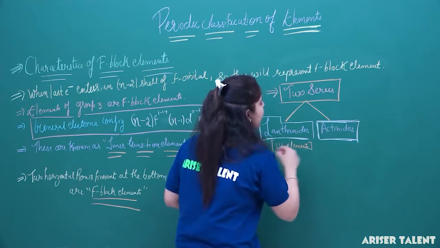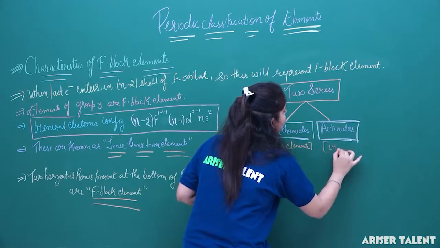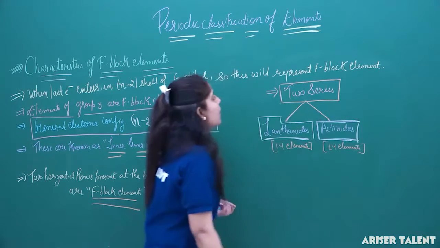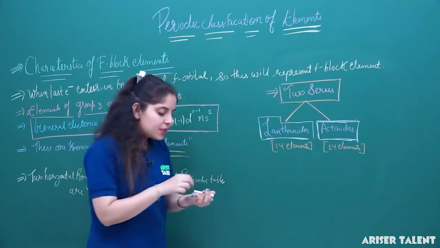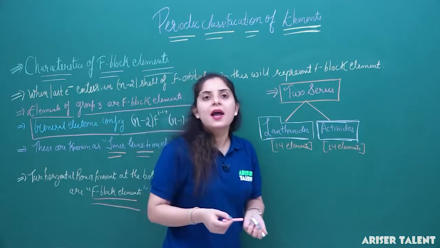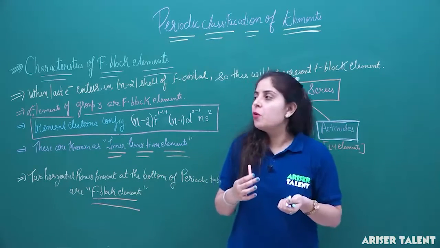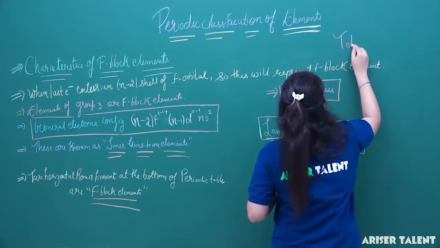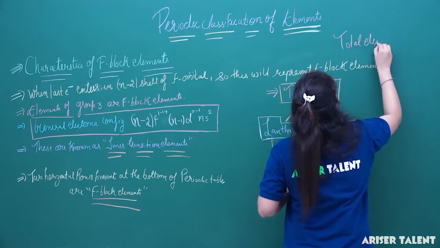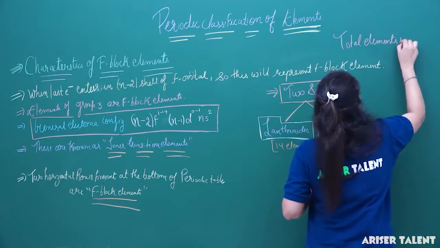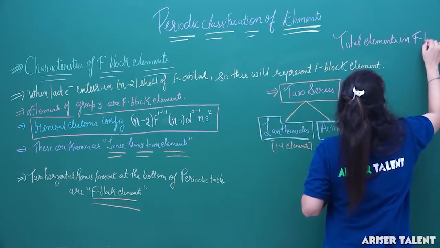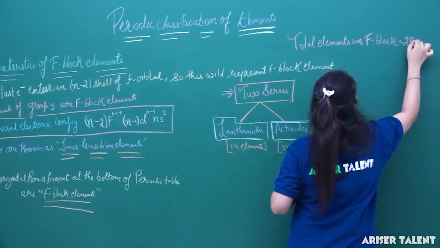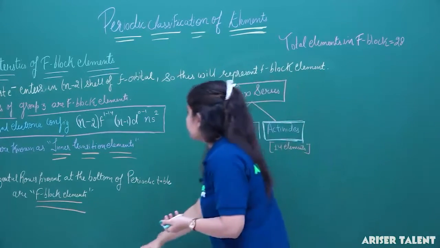If they both comprise 14 elements, we can say that the total number of elements in the F block series is 28. So the total elements in F block series is equal to 28, that is 14 plus 14.